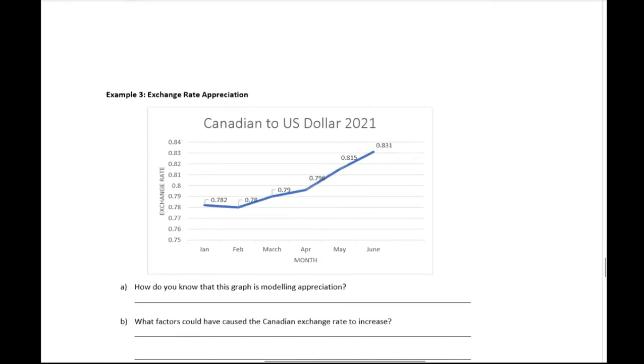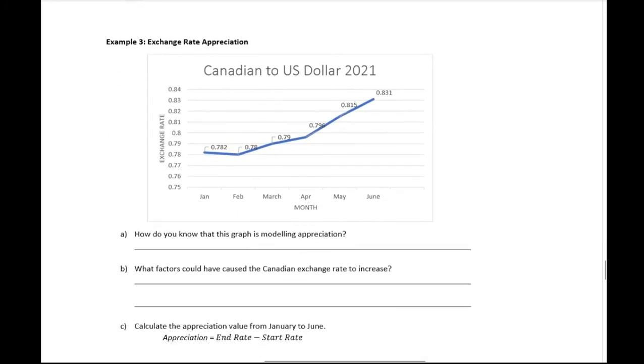In our last example, we're going to look at exchange rate appreciation. So we talked about looking at the Canadian to US dollar, kind of being the idea of appreciation, the value of money increasing when you're making that exchange. So how do you know this graph is modeling appreciation?